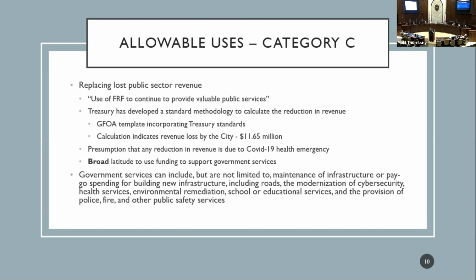Services can include but are not limited to the maintenance of infrastructure or pay-go funding, building new infrastructure, roads included in that, modernization of cybersecurity, and a number of other things. So again, they don't tie you down to a specific use, and they give each of the local jurisdictions some flexibility in how they manage those funds.